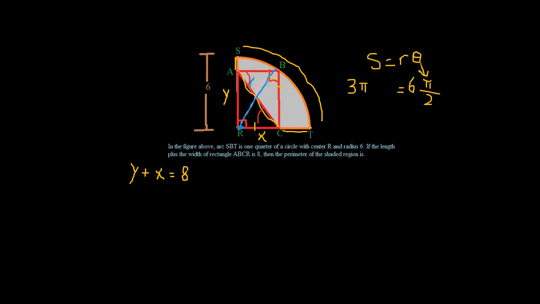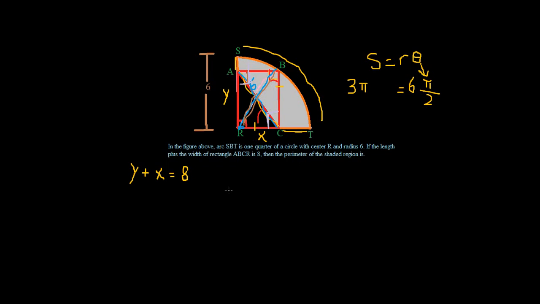So if this length is equal to 6 here, that means this length must equal 6 as well. If this length, from point R to point B, equals 6, then the length of AC must also equal 6, because those two triangles are equal to each other. By the SAS theorem, the two triangles are equal, so this side must equal 6.